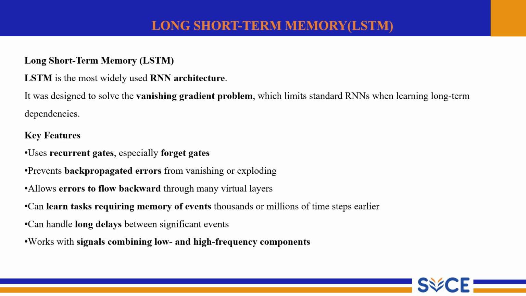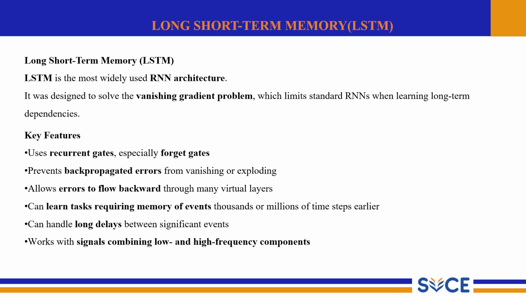So the next important topic is long short term memory, LSTM. It is a special type of RNN designed to overcome one of the biggest limitations of a standard RNN, the vanishing gradient problem.